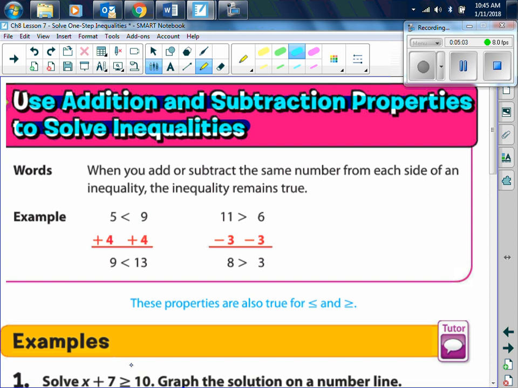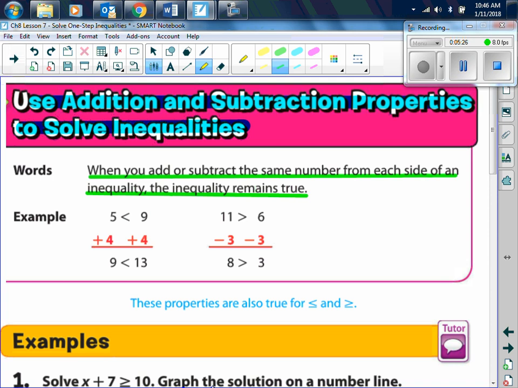Those are the subtraction and addition properties of equality. Well, those properties are also true for inequalities. Okay? So make sure you write this part down. When you add or subtract the same number from each side of an inequality, the inequality remains true.